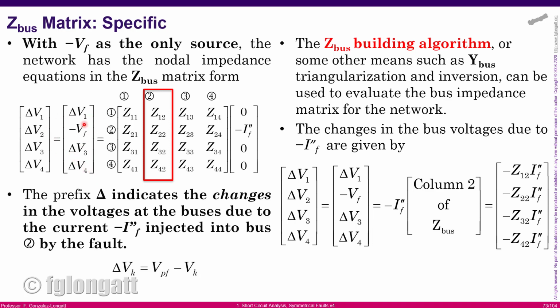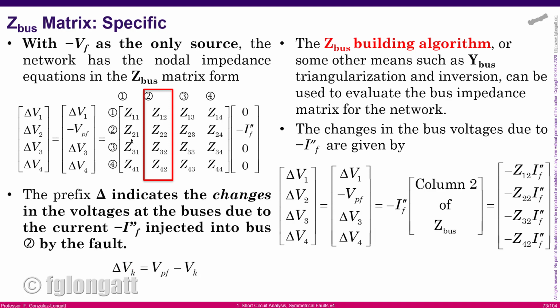And here for the bus bar, there is a minus voltage at the fault point. What is the reason for that? Well, considering the fault at bus bar number 2 and considering just the voltage source that is exciting the short circuits, that means that we are creating a differential voltage in every single bus bar.